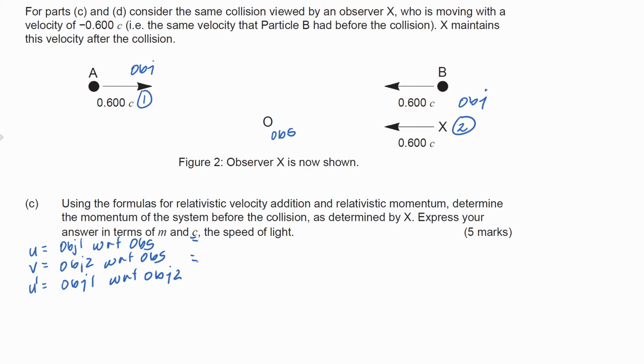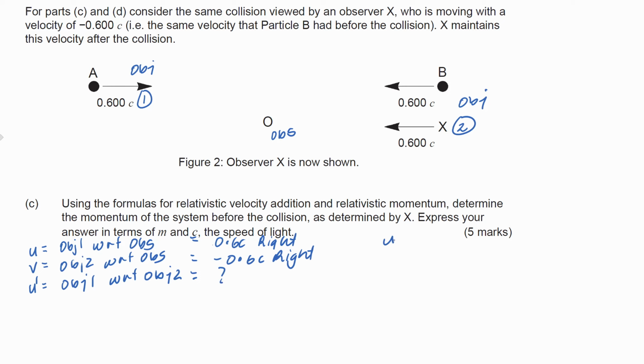That way you can see we're going to end up with the velocity of object 1 with respect to the observer X. Object 1 with respect to the observer is 0.6 c, and that's going right. V would be negative 0.6 c, and we're looking for this one here.